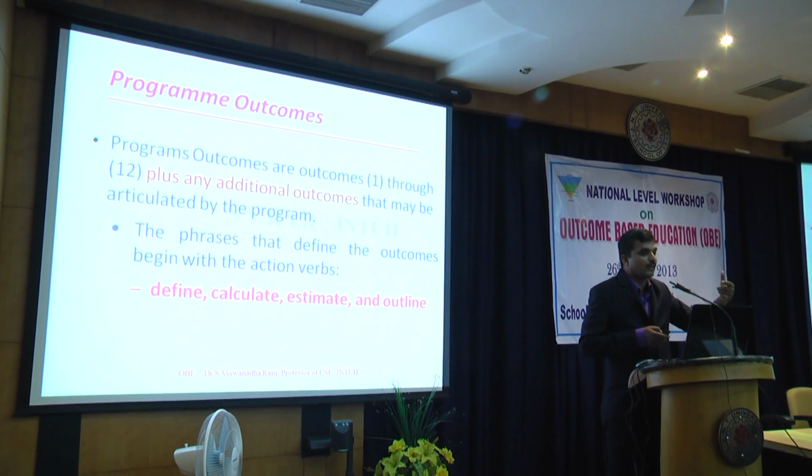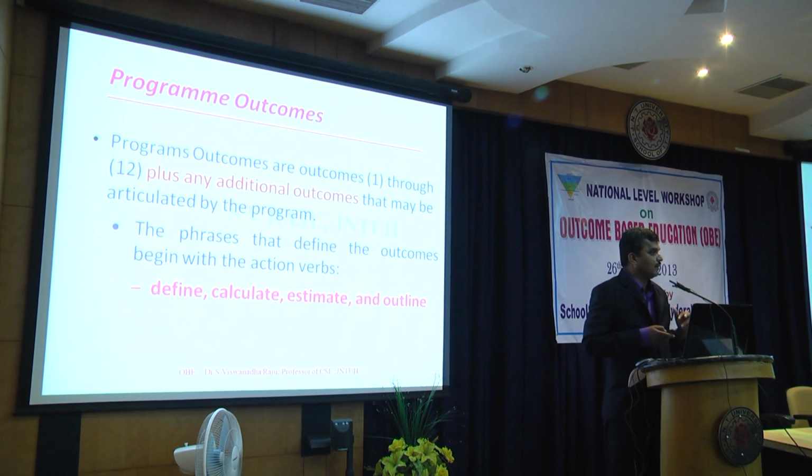How can you take only those 12? Because your vision might be different from the NBA vision, how do you take it as it is? It is not correct. So you add some more program outcomes to the NBA program outcomes with respect to your mission and vision.